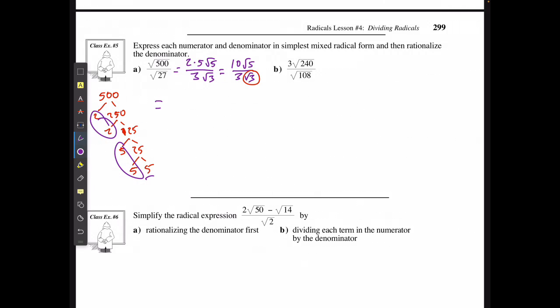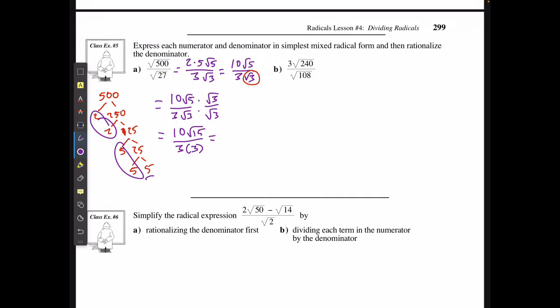So I'm going to say that I have 10 root 5 over 3 root 3, and I'm going to multiply the top and the bottom by the square root of 3. Remember, anytime that we get rid of a radical, I'm going to replace it with brackets to make sure that I multiply it properly.